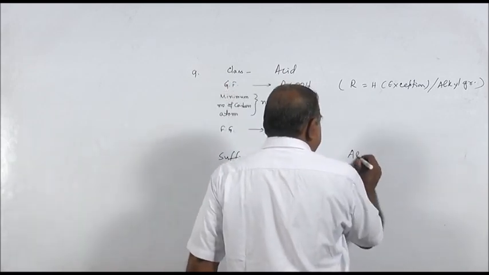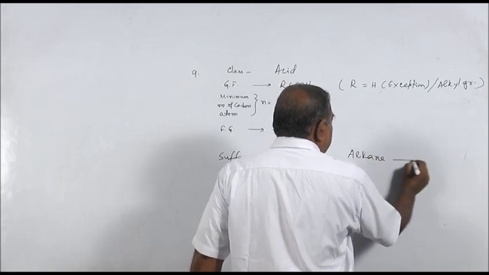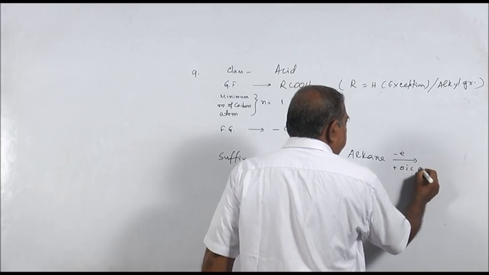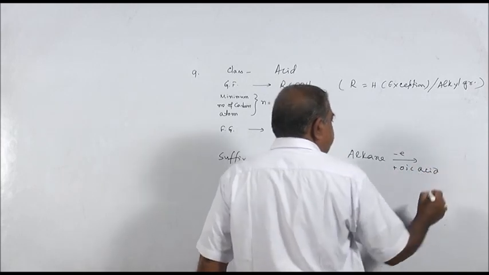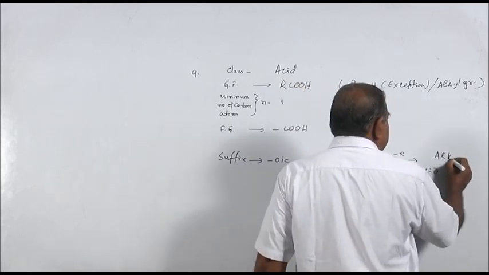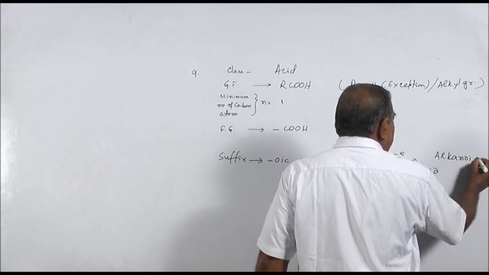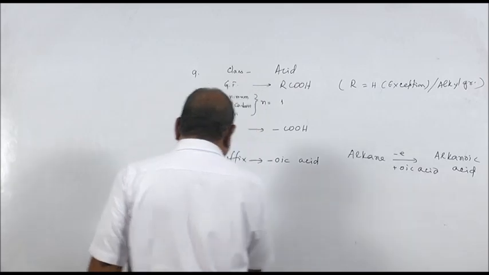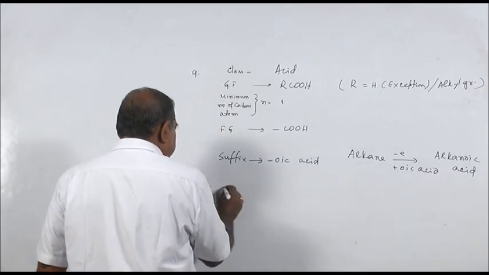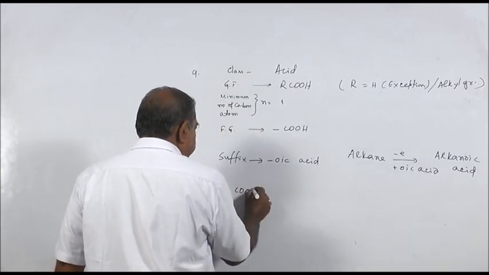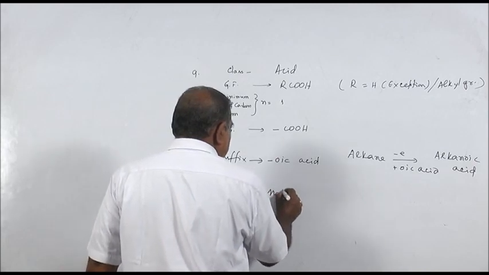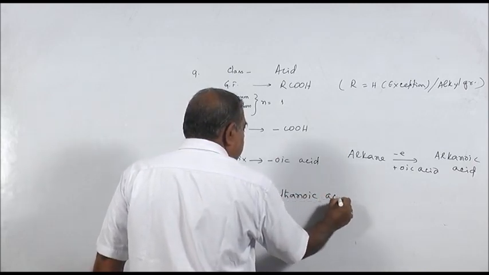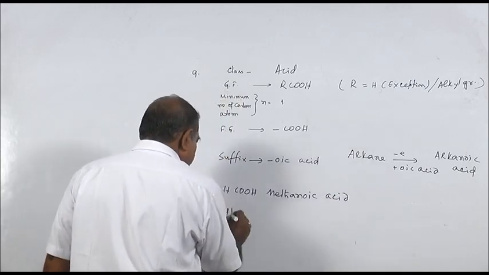From alkane, you replace the E by oic, and then a space and acid. So the complete name is alkanoic acid. A few examples, say HCOOH, this is methanoic acid.